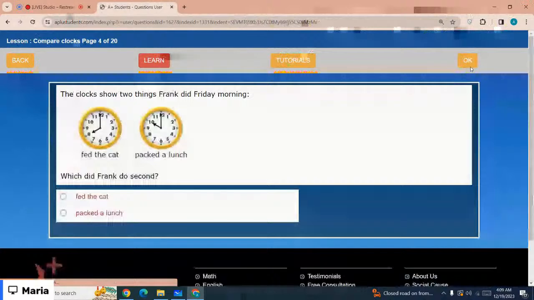Okay, the next one is the clock shows two things Frank did Friday morning, right? Fed the dog cat at 8, packed a lunch at 10. What did Frank do second? Which is the correct option?